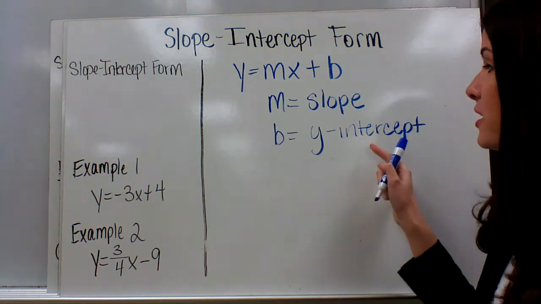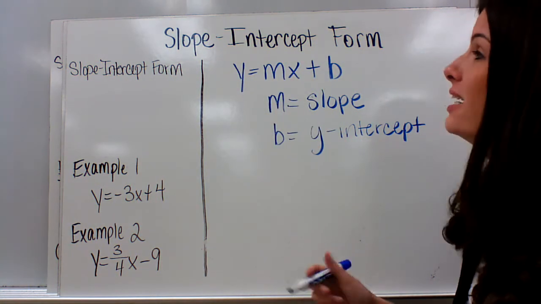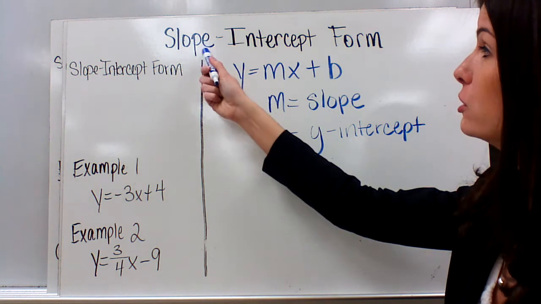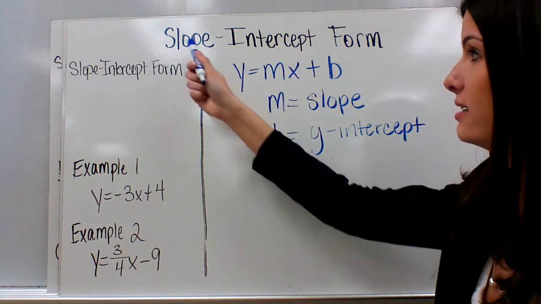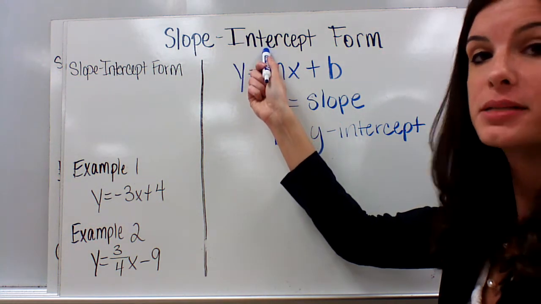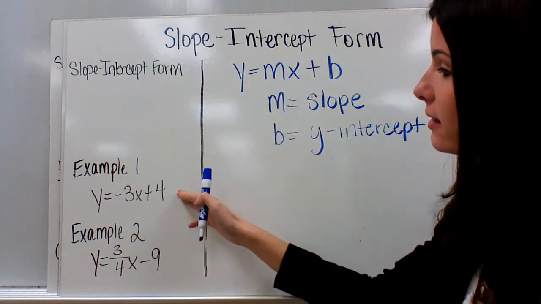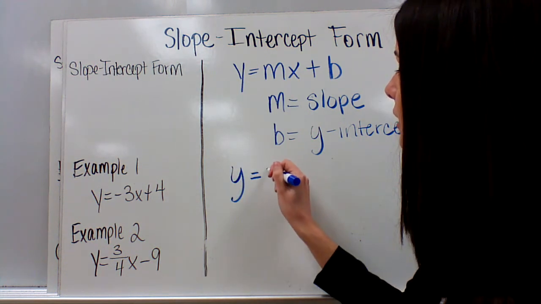Your y-intercept is where the line crosses the y-axis, the vertical axis. And this is why this form is called slope-intercept form. When it is in this form, it's easy to identify the slope of the line and the y-intercept of the line.